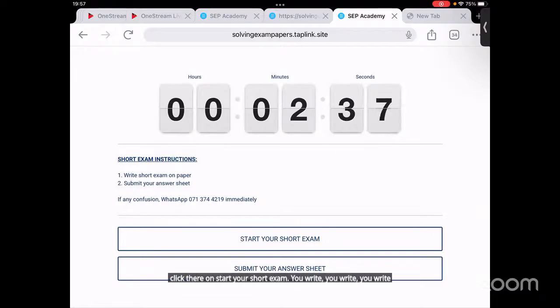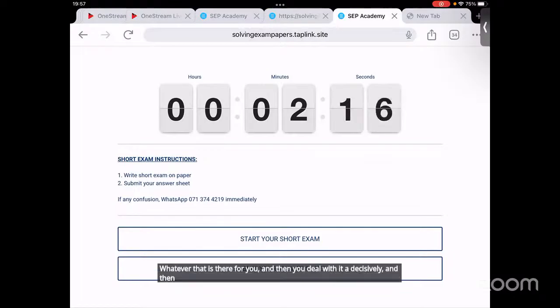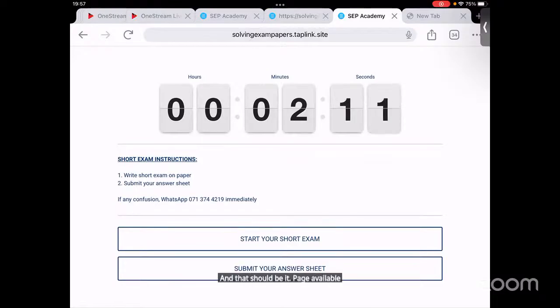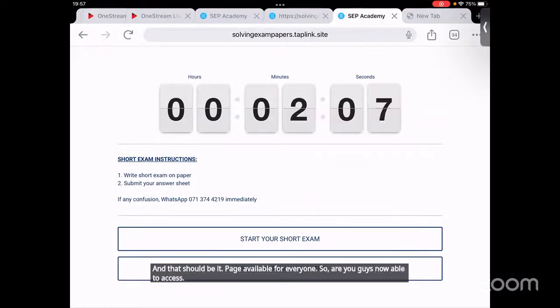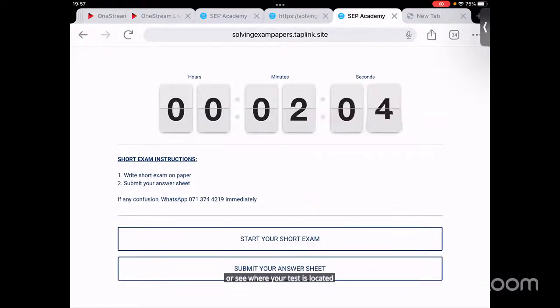After that, you come back and click on submit, where you'll find whatever is there for you, and then you deal with it decisively, and submit accordingly, and that should be it. Are you now able to see where your test is located? Yes.